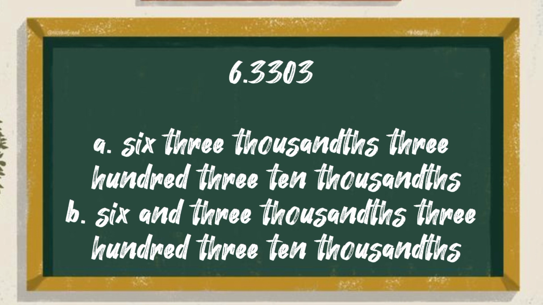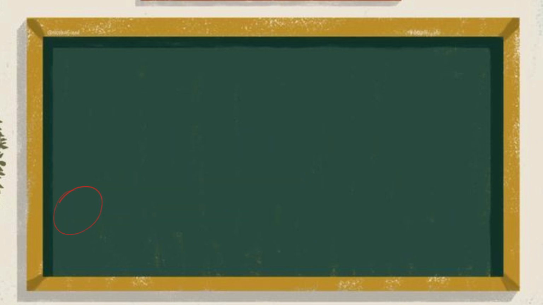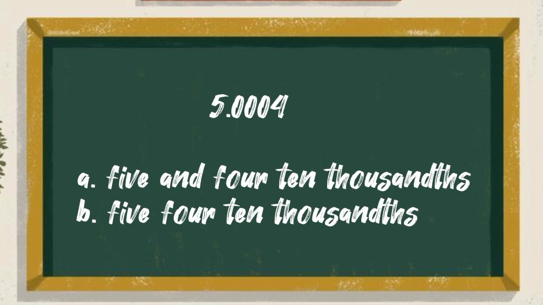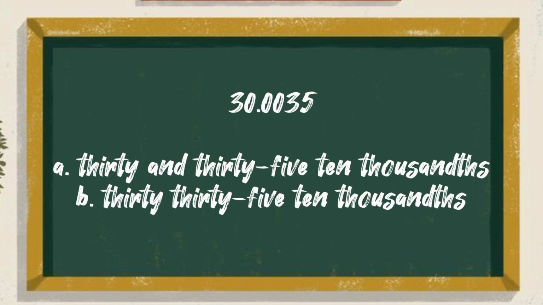And the correct answer is letter B. What is the correct answer? Is it A or B? The correct answer is A. What is the correct answer? Is it A or B? The correct answer is A.